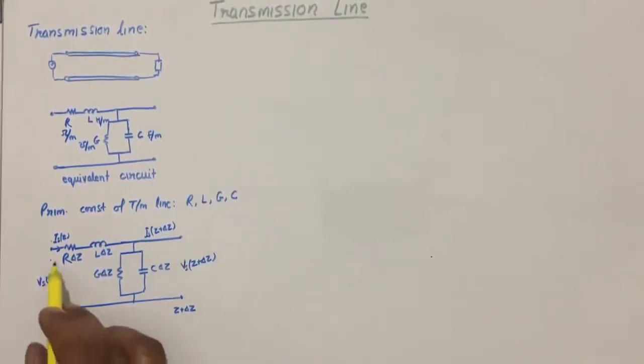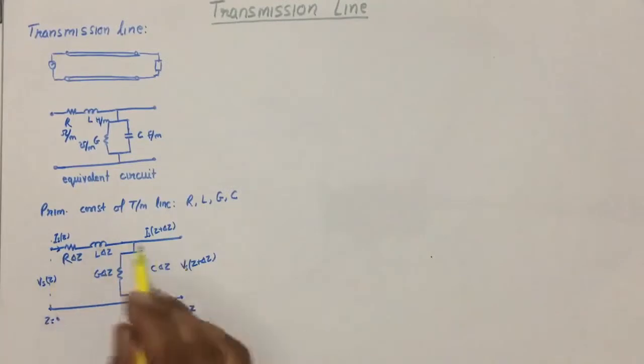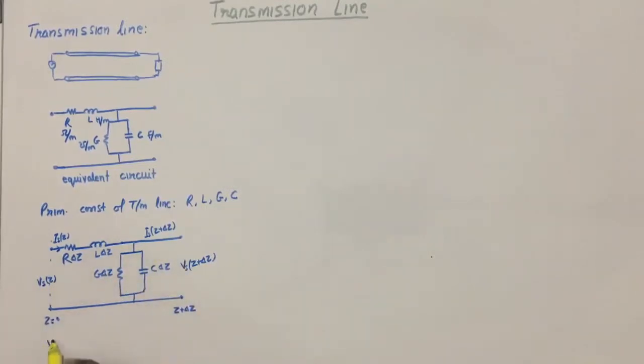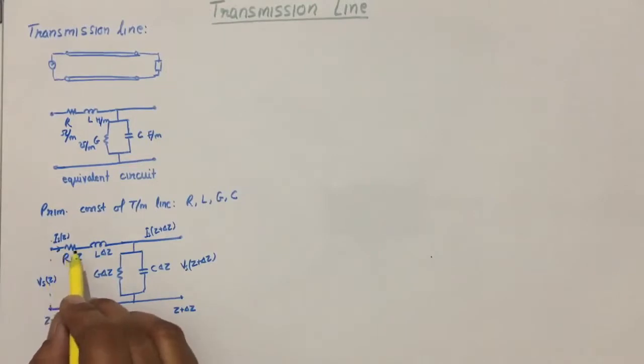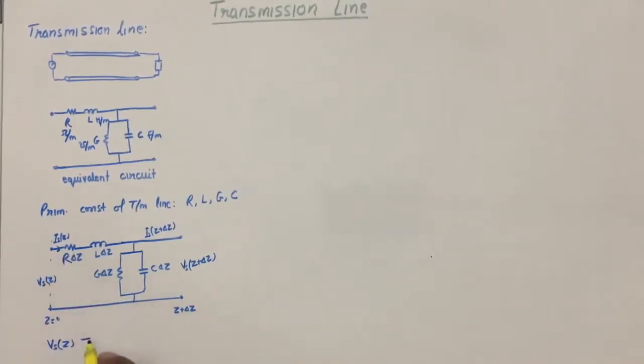Now apply the KVL in the outer loop to derive the voltage and current wave equations. So for voltage wave equations, let us apply the KVL at the outer loop. So we can have Vs(z), and if we are considering from minus to plus positive, then from positive to negative it is considered as minus.